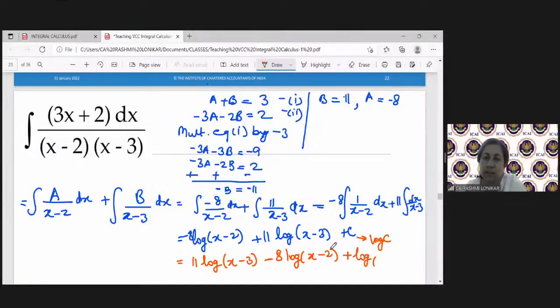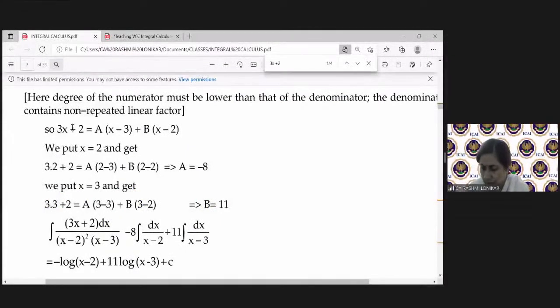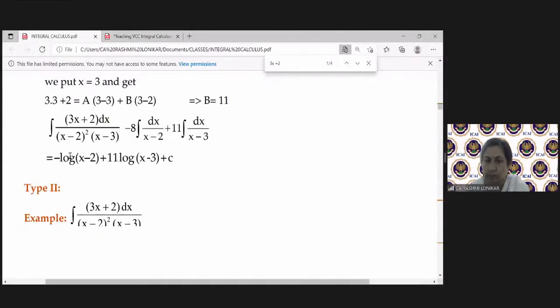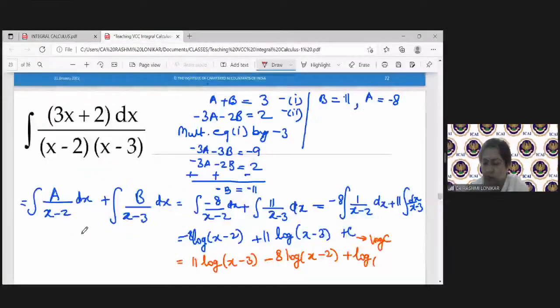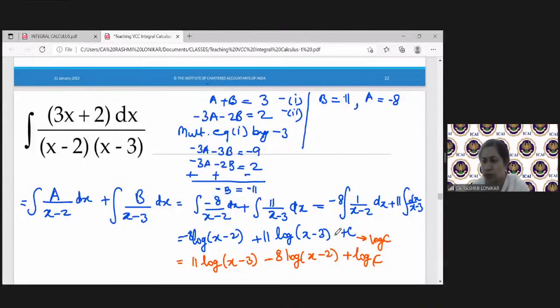You may even write it like this, or you may even see it as simply c. So if you see some book, don't get worried, because it's just a constant. It is not going to affect your answer. The answer options will mostly concentrate on whether or not you've got 11 log x minus 3 and minus 8 log x minus 2. That is the most important thing.